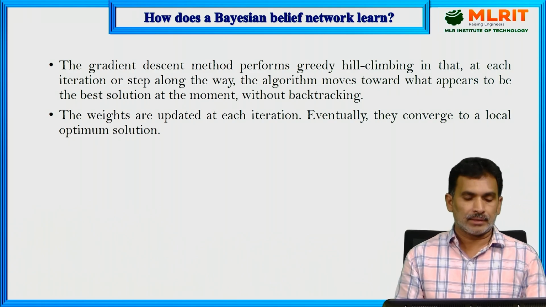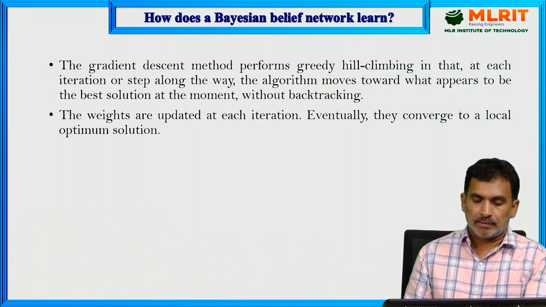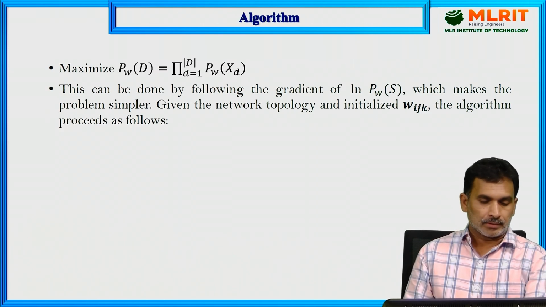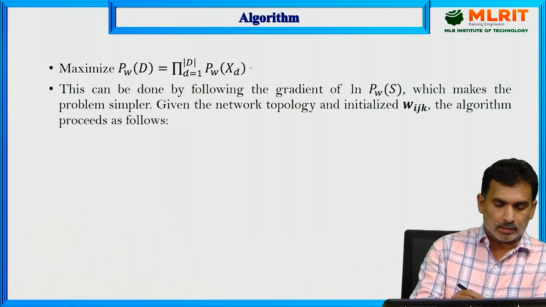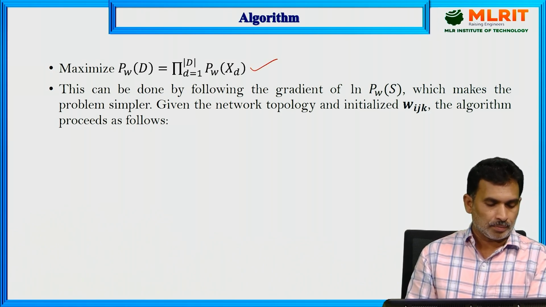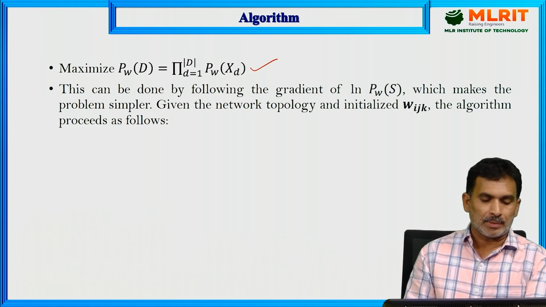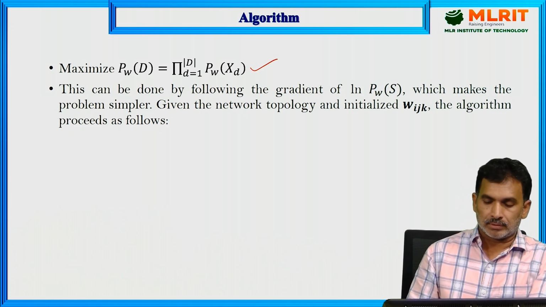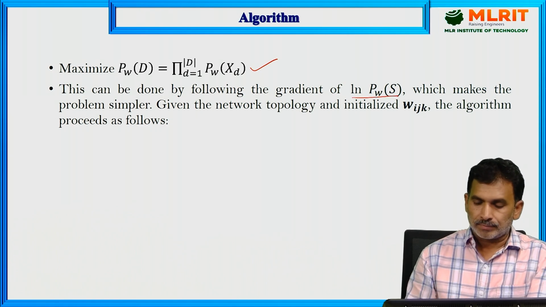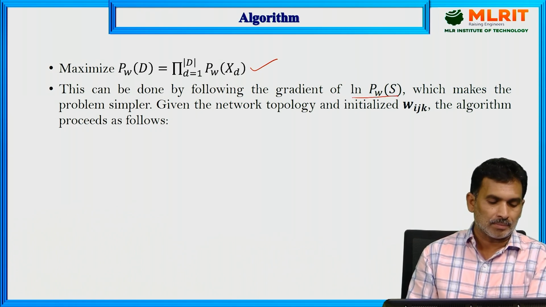So the weights are updated at each iteration. Eventually, they converge to a local optimum solution. Here, this is the objective function of gradient descent, and this needs to be maximized. This can be done by following the gradient of ln Pw(S), which makes the problem simpler.